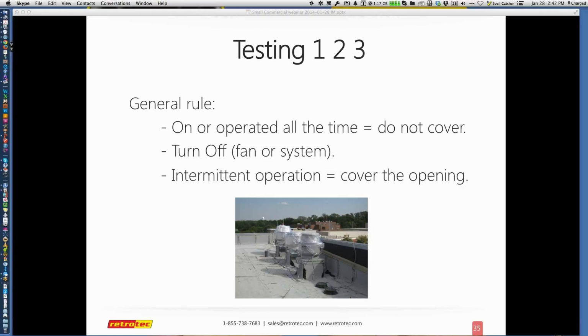If it was an intermittent fan, like a bathroom fan that might be used only 5% of the time, essentially most of its life it exists as a hole in the building that causes air to flow in and out, so it's actually an air leakage hole that will affect the performance of the building. In that case, if we're interested in performance, we would leave that uncovered and test it in that fashion. Was that what you were looking for, Joe? Yeah, that's right. It contradicts the slide somewhat, but in general you explained what your theory was and how you did that. Thanks.